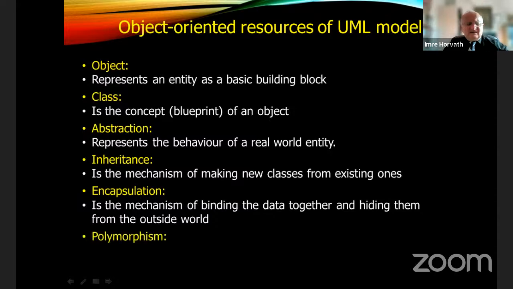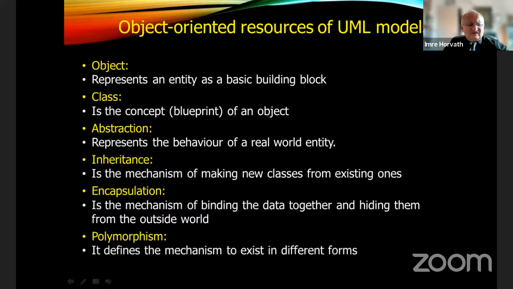The last thing I believe is important to mention is polymorphism, which means that the mechanisms implemented by object-oriented programming can be very different, and they can coexist in different forms.